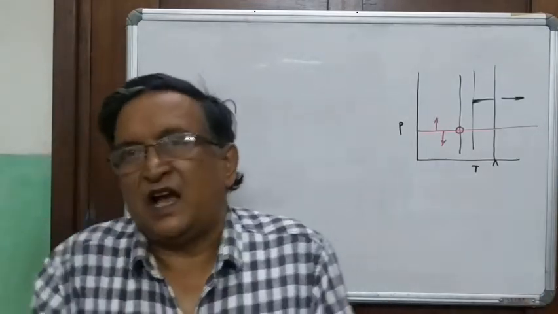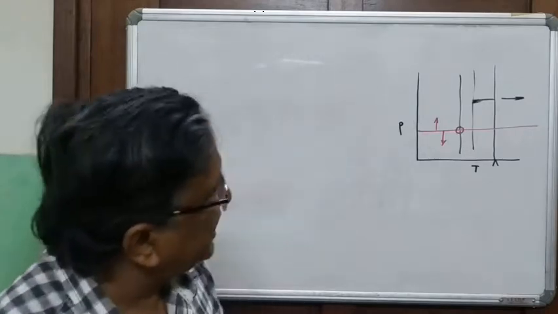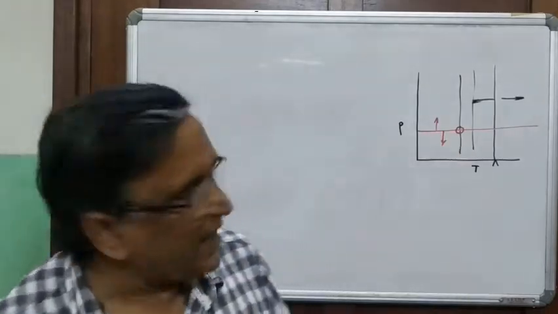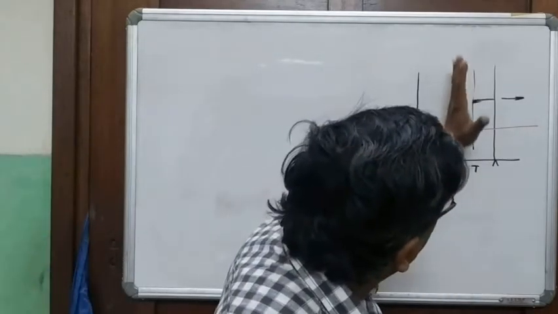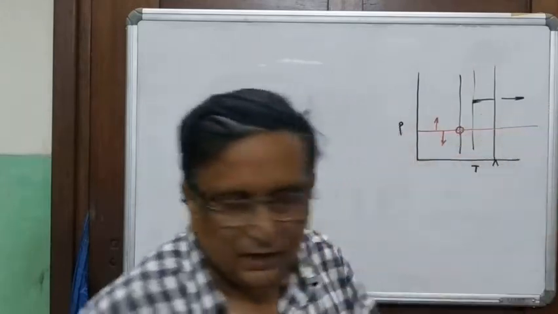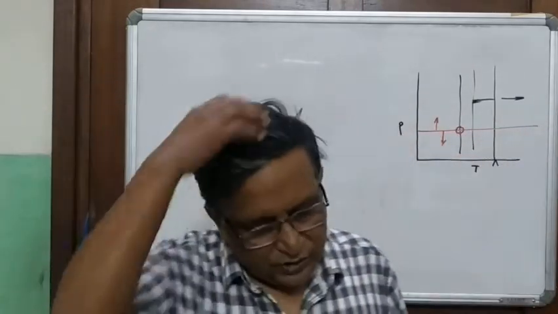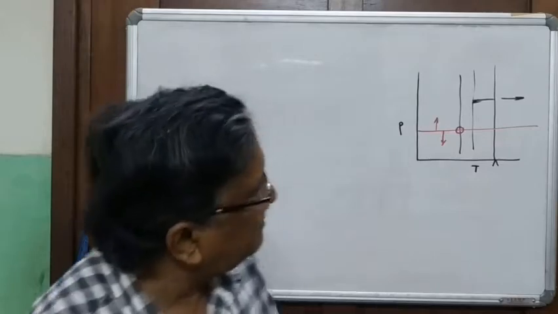But you know, nothing is ideal, so you don't get really reactions which are absolutely parallel to the pressure axis and absolutely parallel to the temperature axis. What you normally get is there is some amount of angle.